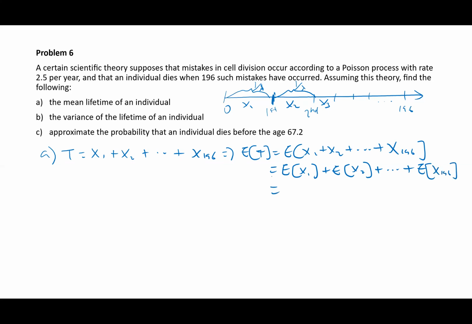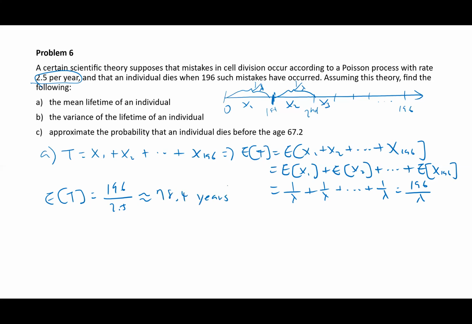Each one of these is just 1 over lambda, and there are 196 of these, so it's 196 over lambda. Lambda here is given as 2.5 per year. So the expected value of T is 196 divided by 2.5, which turns out to be roughly 78.4 years. So the expected lifetime in this scenario is 78.4 years.